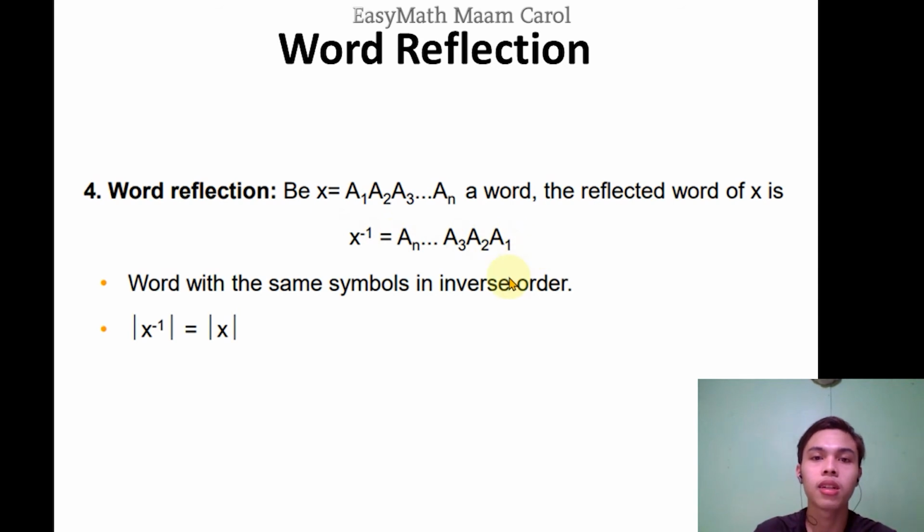We just reflect it. From the word reflection, we can see that we reflect the example: a word with the same symbols in inverse order. So x to the power of negative 1, raised again to the power of negative 1, is equal to x. So that's the reflection of x.